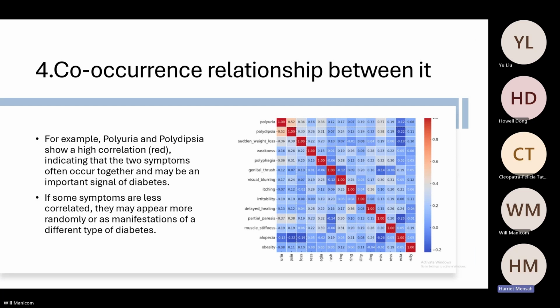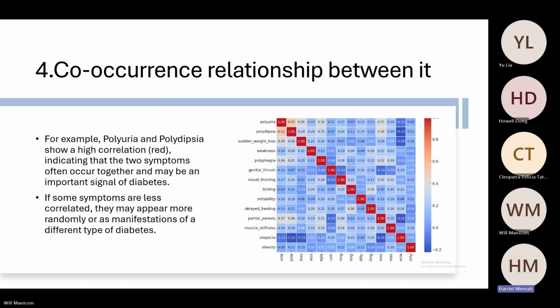With the correlation relationship between them, the heat map shows correlations between different symptoms and helps determine which symptoms often occur together. So as you can see, red near 1 indicates high correlation, meaning that these two symptoms often occur together.